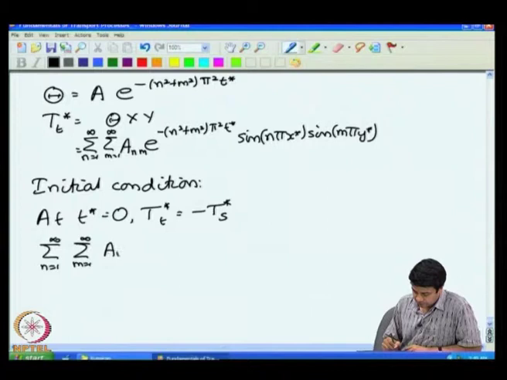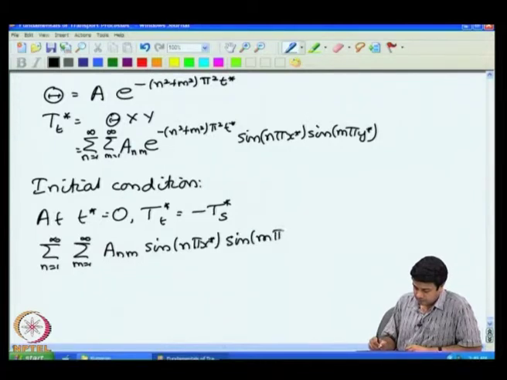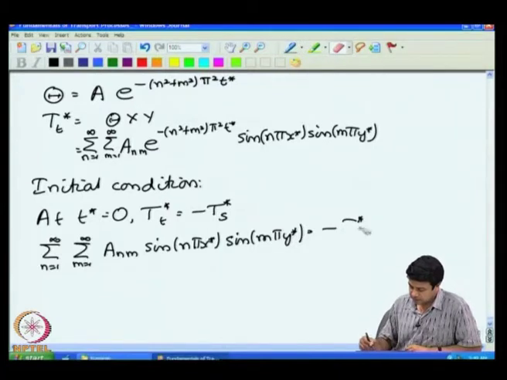So, I just have a n m sin n pi x star sin m pi y star is equal to minus the steady state temperature. Note that the steady state temperature is a function of both x and y.